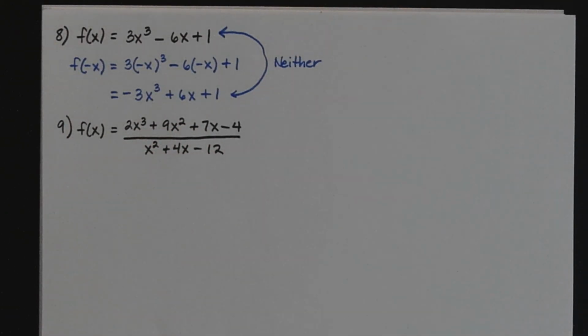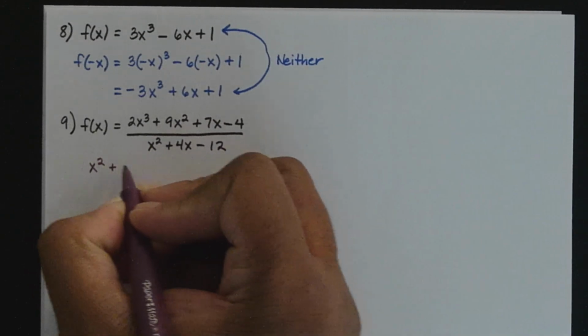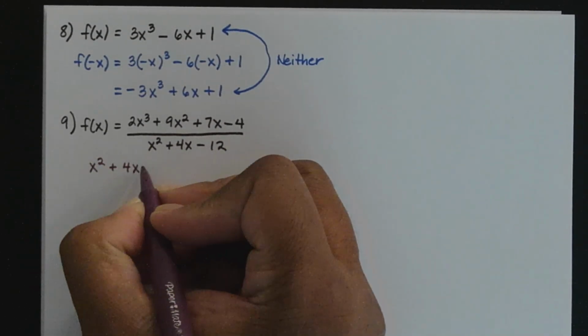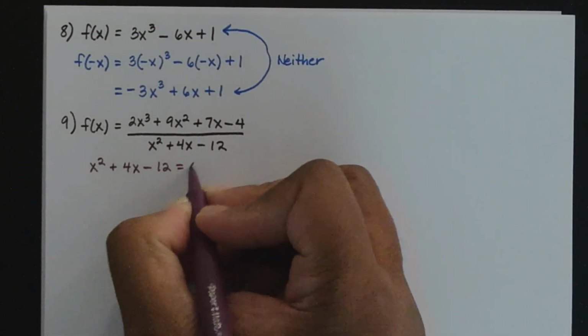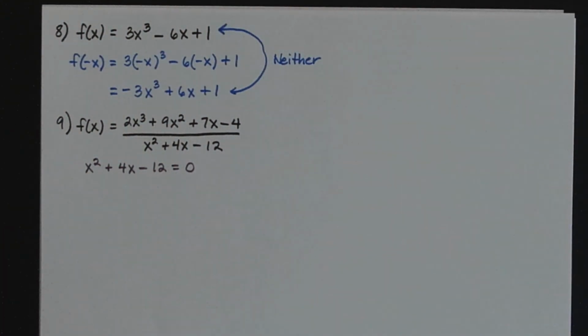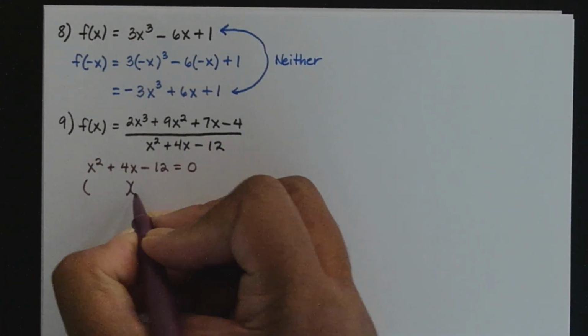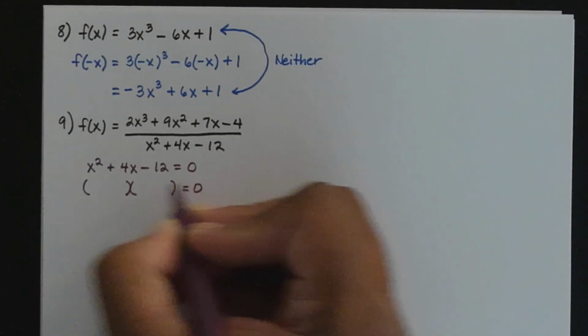So that means here, I will have to take what's in that denominator and set that equal to 0. So I'll take x squared plus 4x minus 12 and set that equal to 0. Well, notice I have a polynomial equation that I'll try to factor into 2 binomials here. Let's see if we can do that.